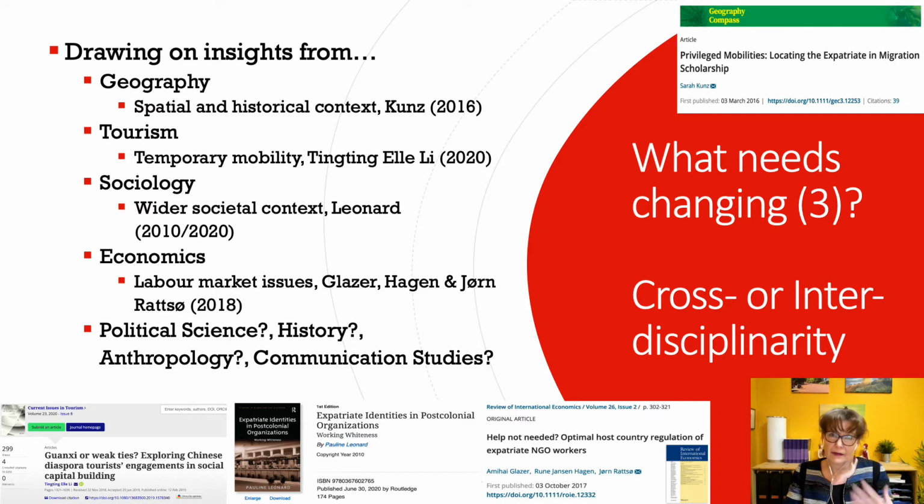And then the discipline of economics that has looked, for instance, at labor market issues related to expatriation. For instance, this article looking at regulations in the form of quota on a number of expatriates and how this impacts on the employment conditions of locals.